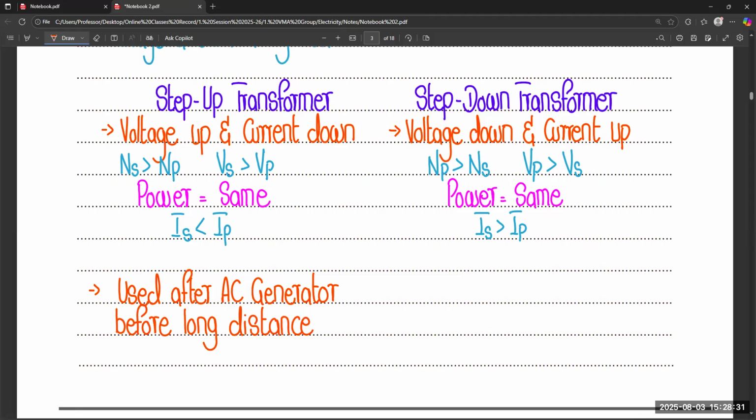So before transferring voltage from the main power plant to the city, we connect a step up transformer. It will provide you a greater value of voltage in the output. So the value of current decreases and there will be less power loss.